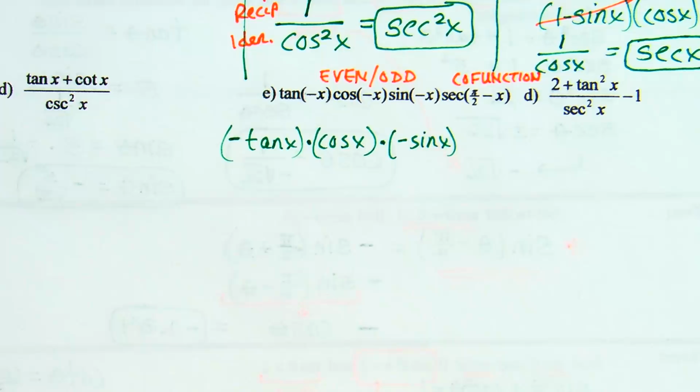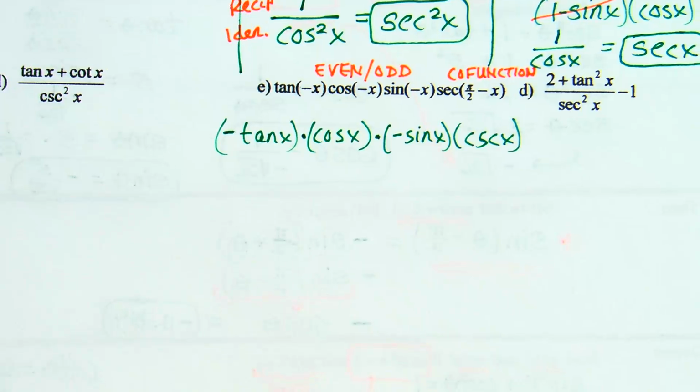Now, while I get my screen back, we have four trig functions being multiplied, yes? They can clean up. Thoughts on what I can do here to clean these guys up? How about we change them all to sines and cosines?